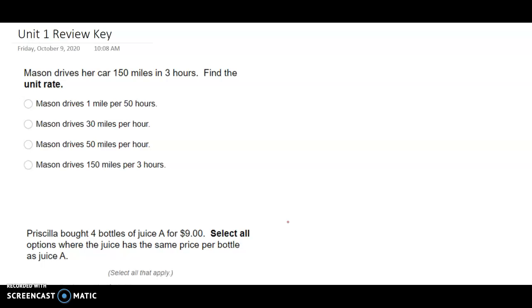So the first question of the review says, Mason drives her car 150 miles in 3 hours. Find the unit rate. So we obviously know that our unit rate is going to be miles per hour. So we're going to do miles divided by hours.